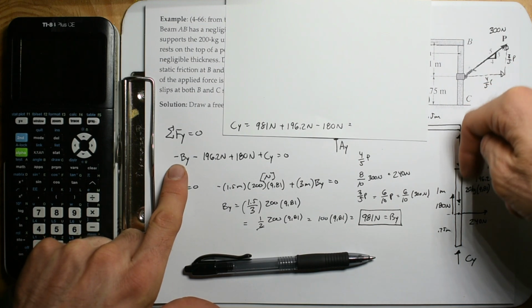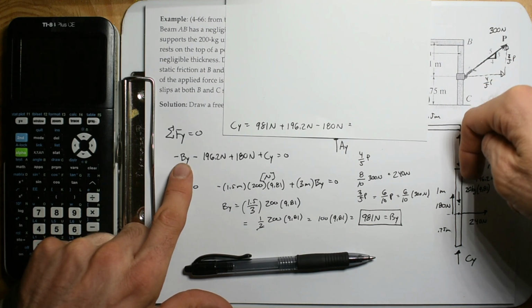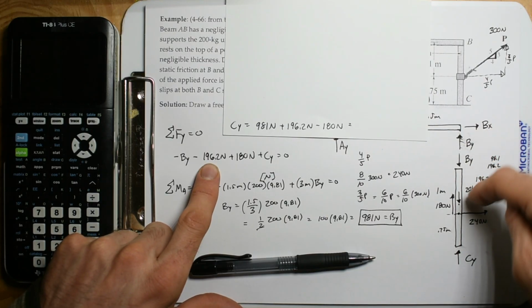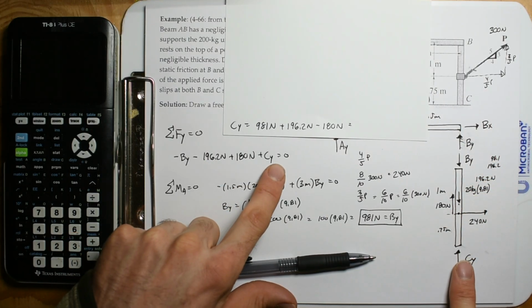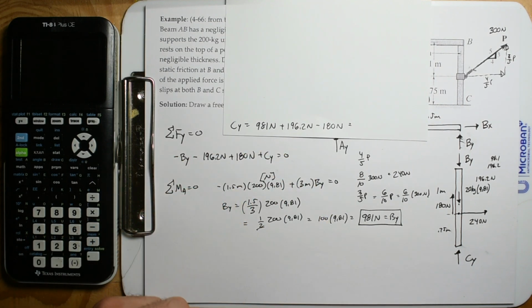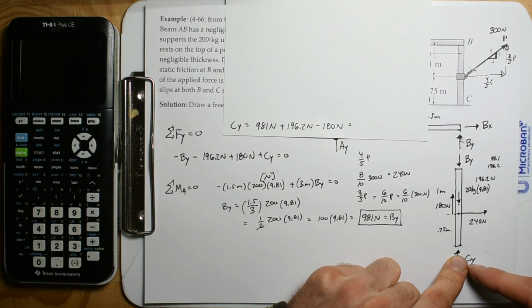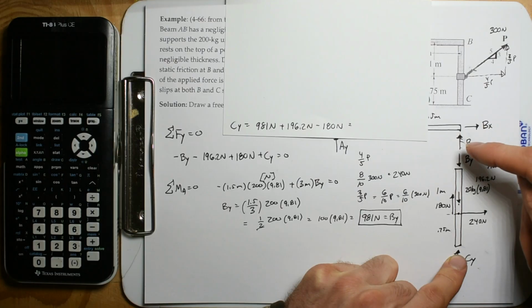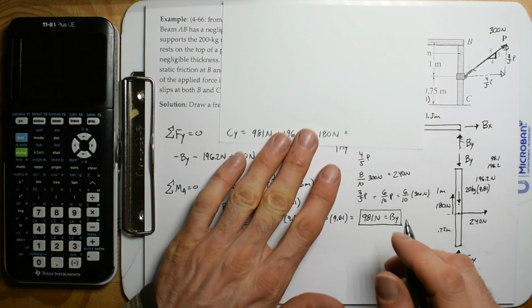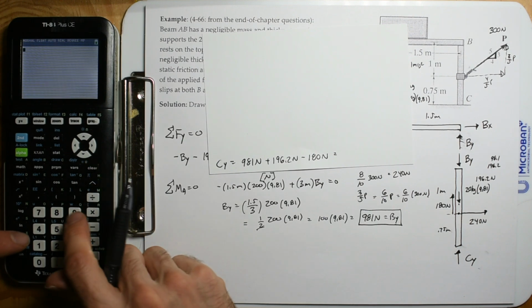So it's negative 981 minus 196.2 plus 180 plus CY. But if we want to solve for CY, we got to get all that stuff to the other side. So CY is equal to that plus that minus that. And that's what we have. All right, let's just plug and chug.